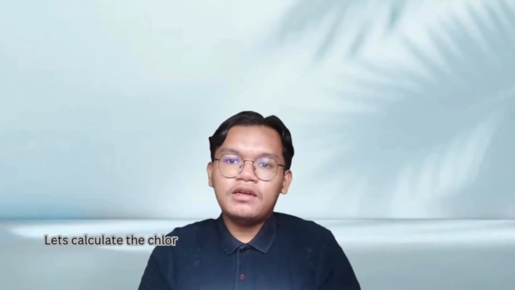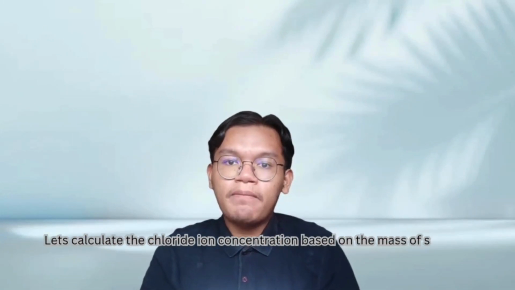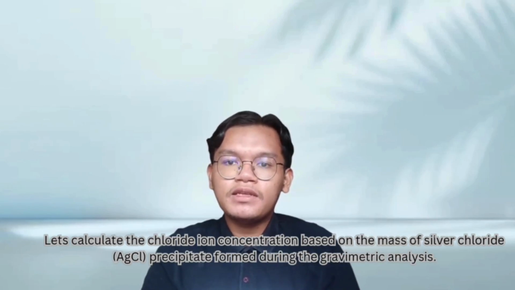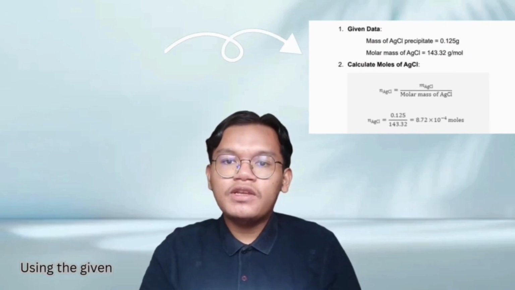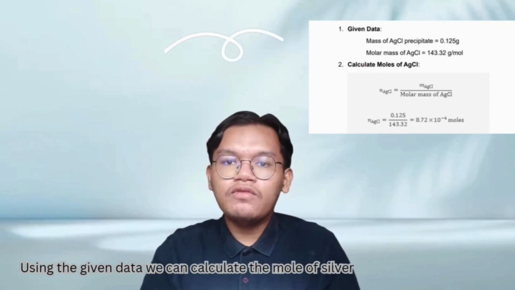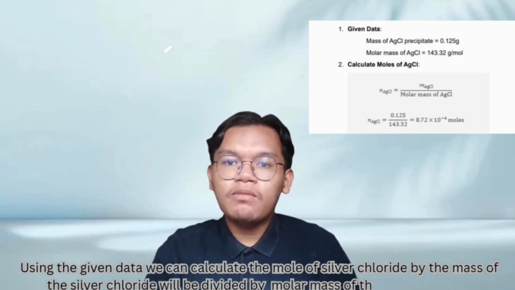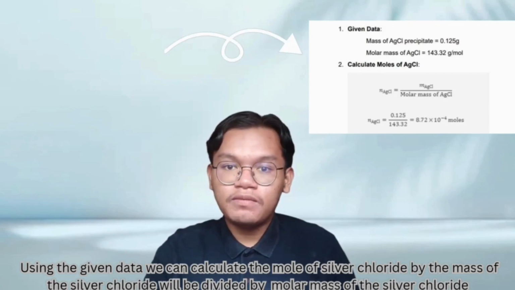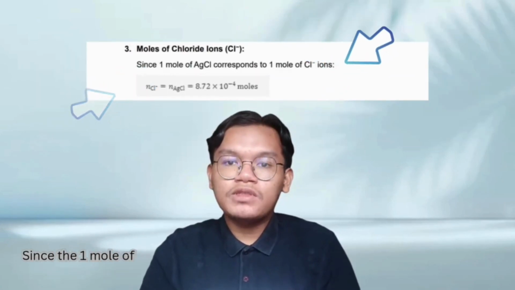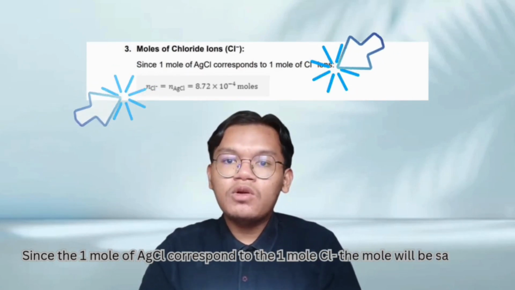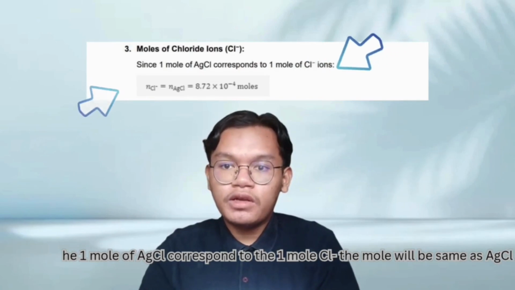Let's calculate the chloride concentration based on the mass of the silver chloride precipitate formed during the gravimetric analysis. Using the given data, we can calculate the moles of silver chloride by dividing the mass of the silver chloride by the molar mass of the silver chloride. Since 1 mole of silver chloride corresponds to 1 mole of chloride, the moles will be the same as silver chloride.